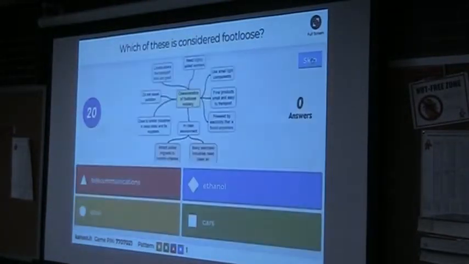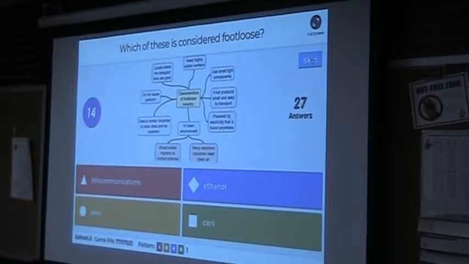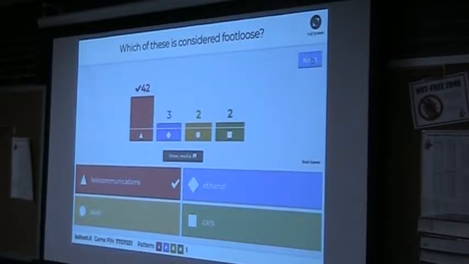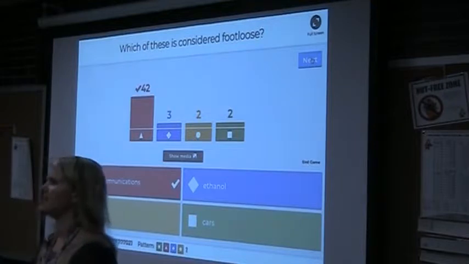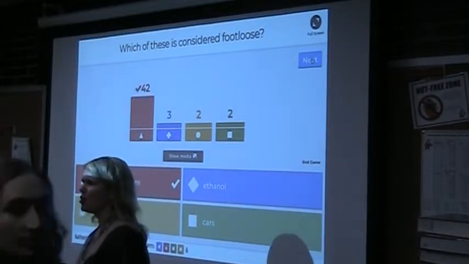Footloose. You're not bulk gaining, you're not bulk reducing.